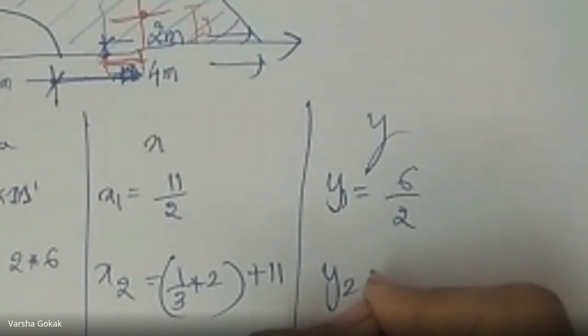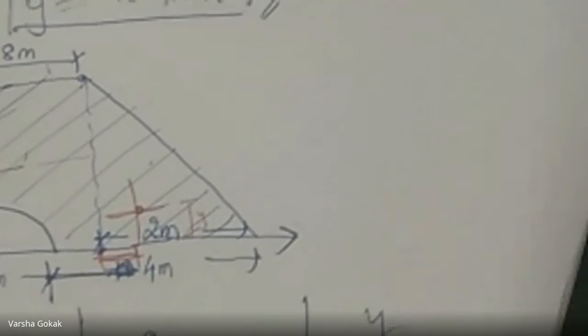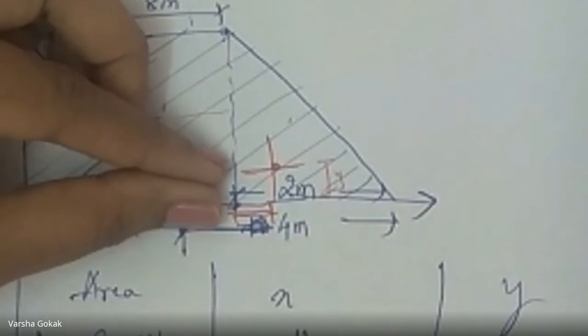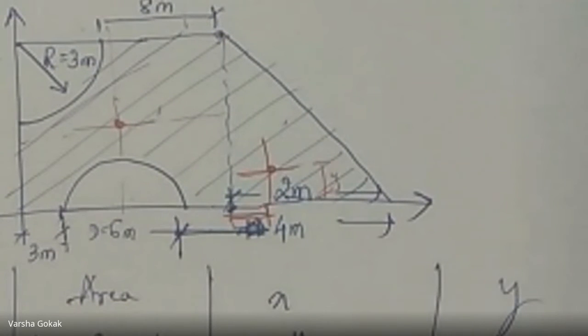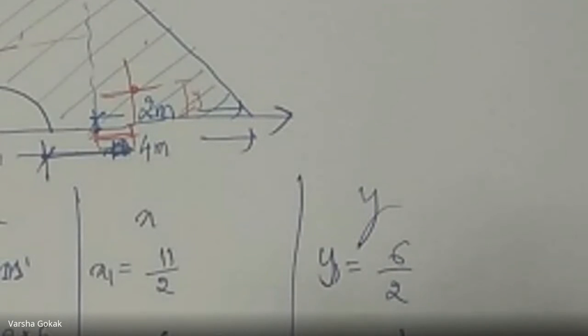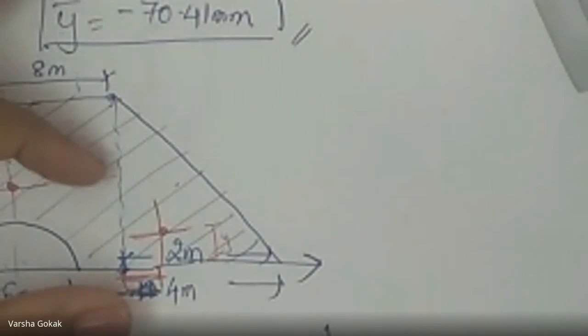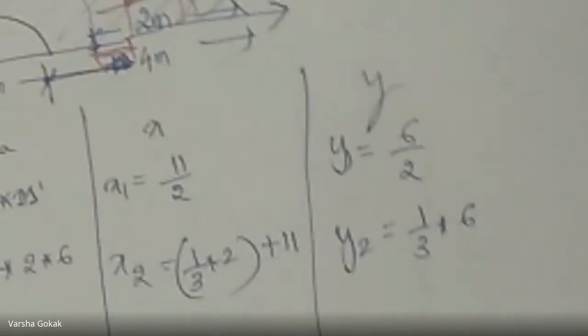Okay. What about y2? How much is this going to be? 1/3 of 6. Yes, 1/3 of height. This is going to be 1/3 of the total height, right? 1/3 of height, that is 1/3 of 6. Okay, so these two are done.